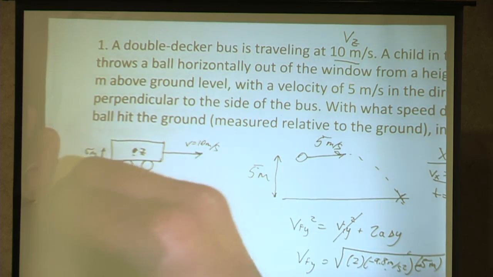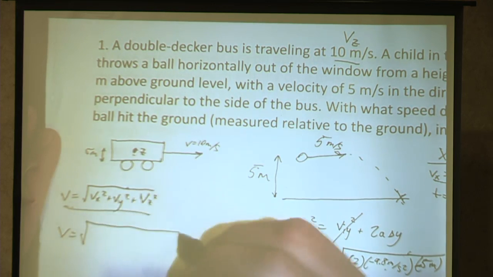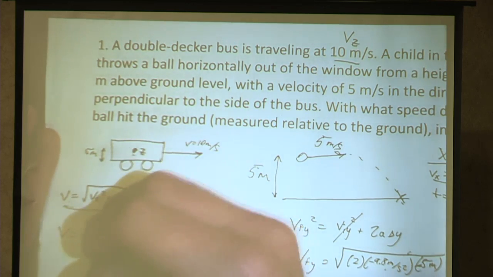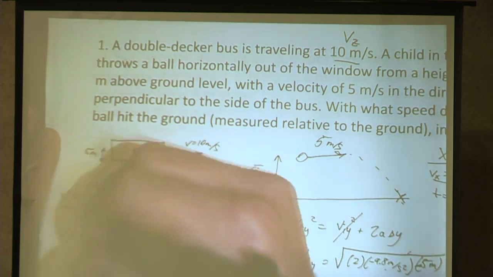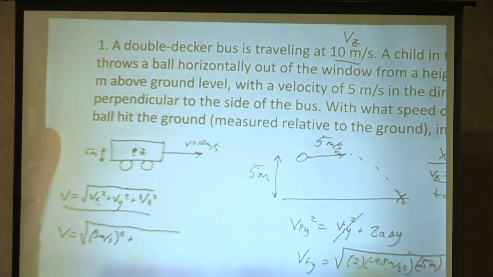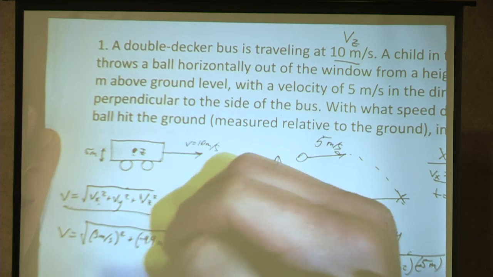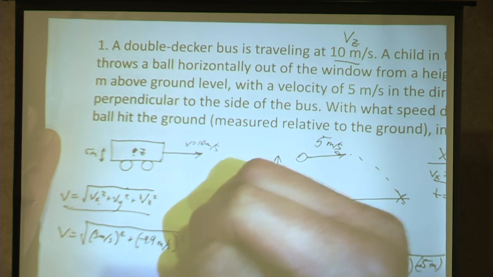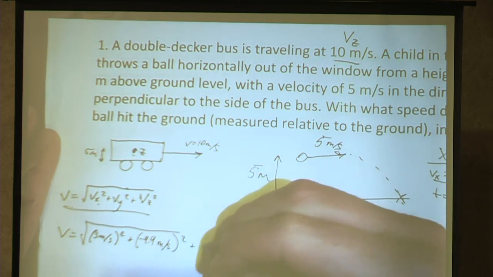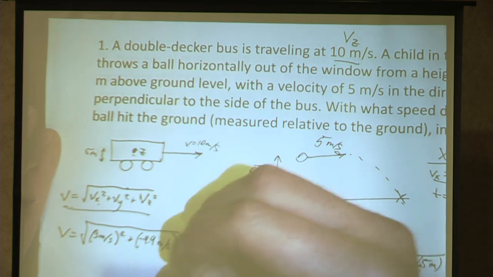So to get our overall velocity, it's the square root of Vx, which is 5 meters per second, squared, plus Vy, negative 9.9 meters per second, squared, plus Vz, that 10 meters per second, squared.